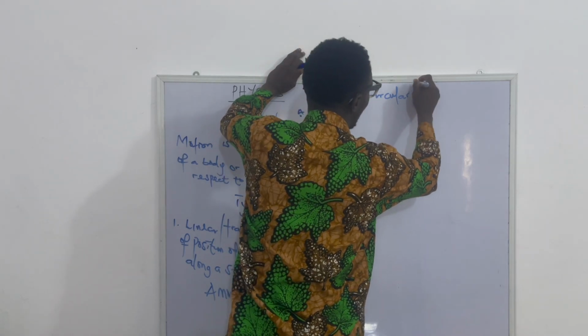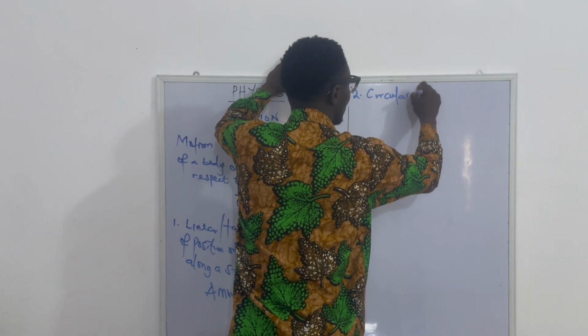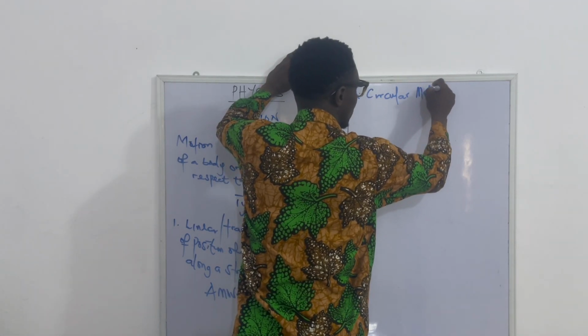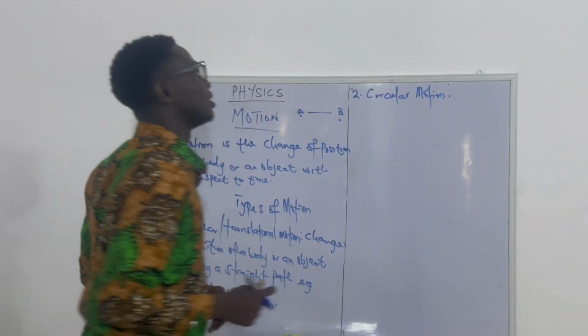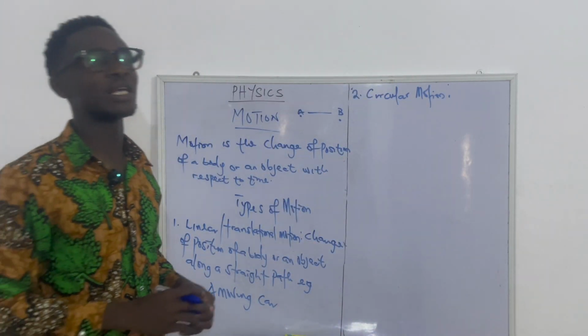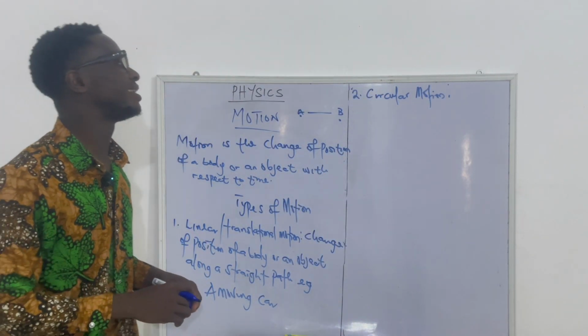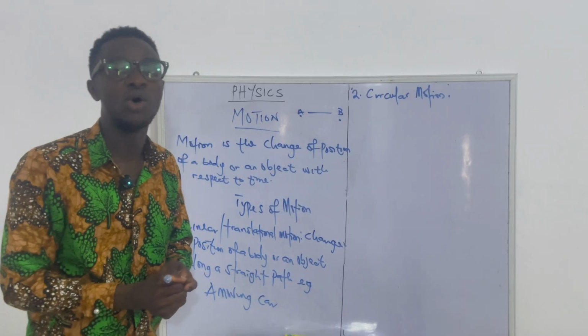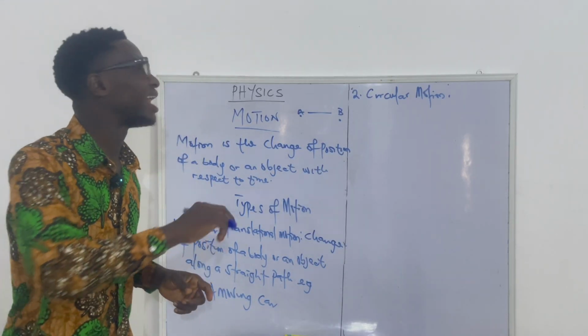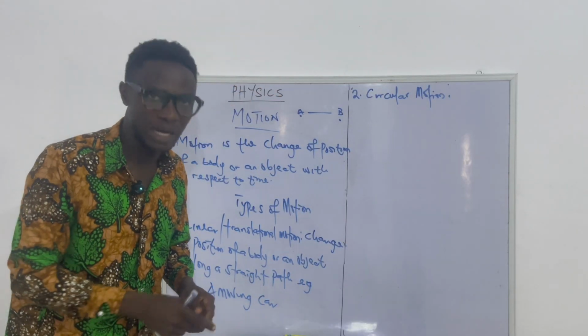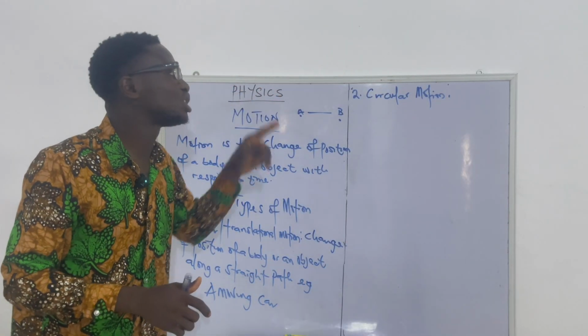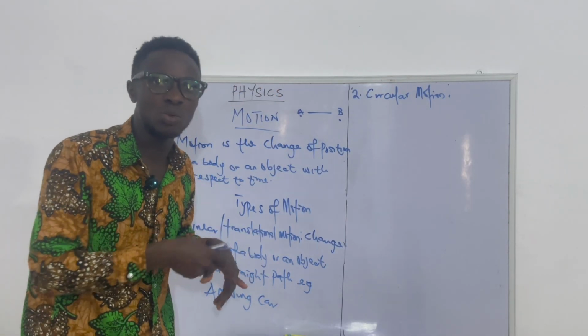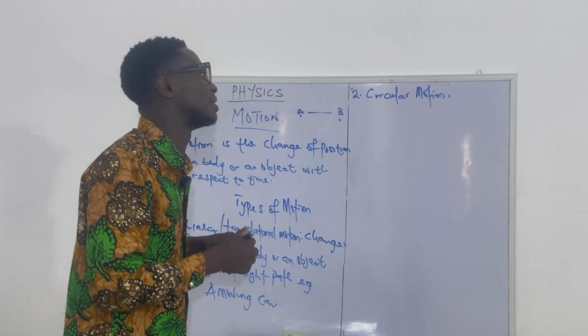Circular or rotational motion. When we talk about circular or rotational motion, they are the change of position of a body or an object along a circular path, of which their velocity will be directed towards the fixed center.